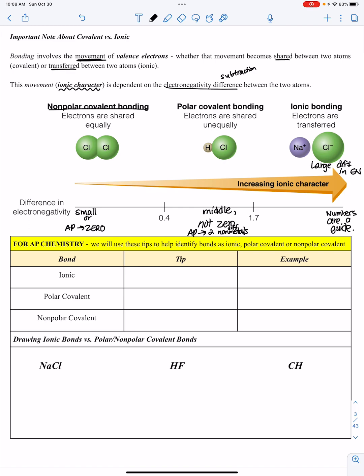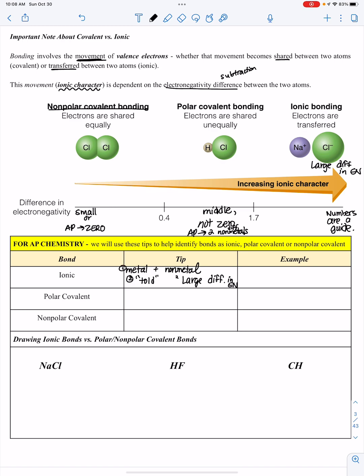The tip for ionic bond or ionic character will say metal and nonmetal, or you're told that something's ionic, or it's just a large difference in electronegativity.